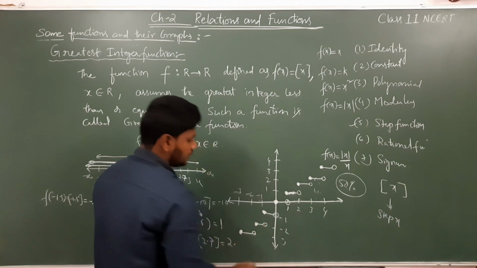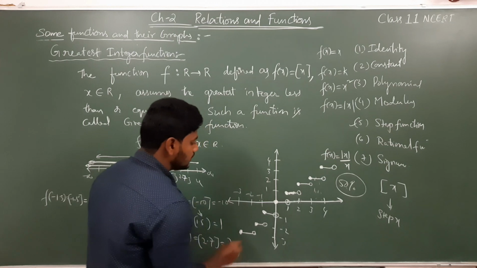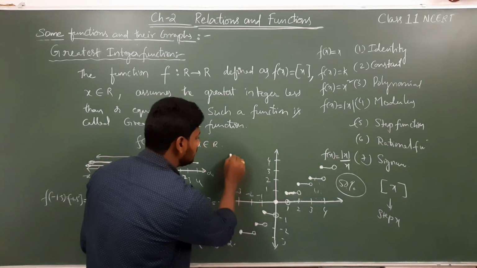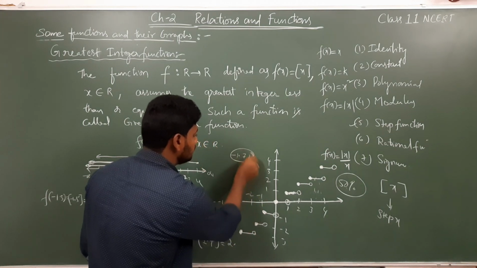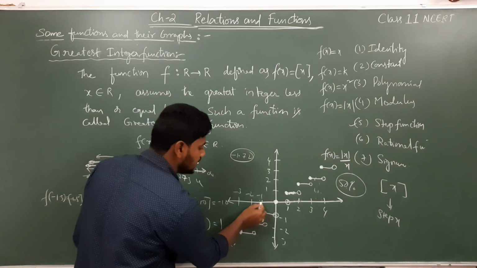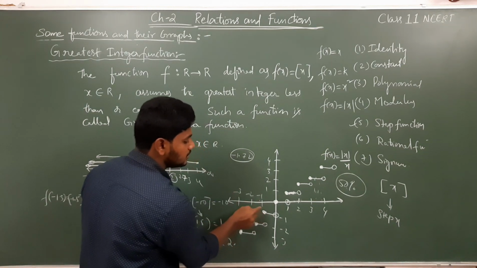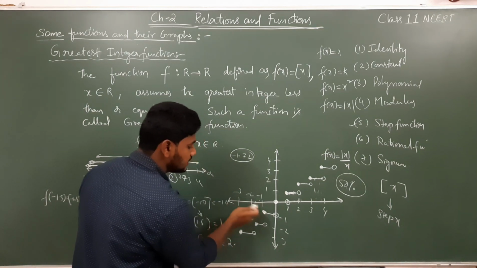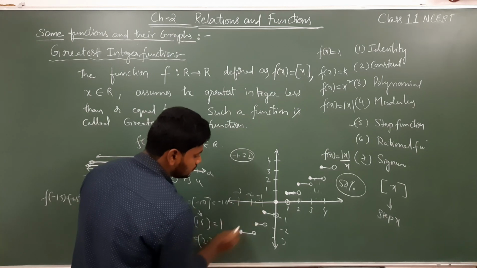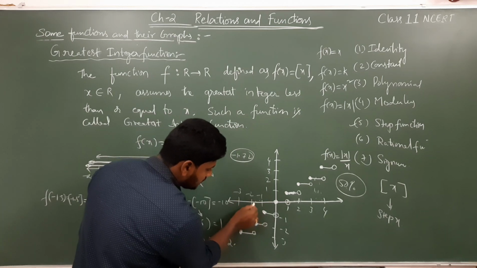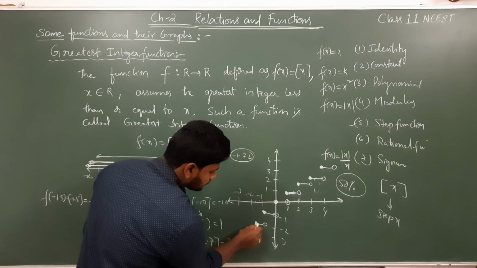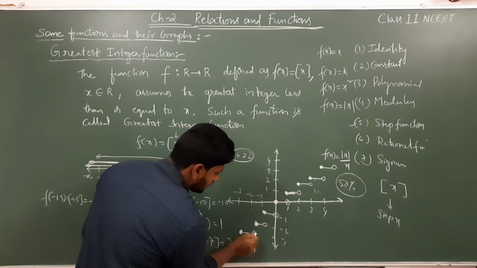Why? Because on the negative side, if I take minus 1.72, it lies between minus 1 and minus 2. The greatest integer less than or equal to it is minus 2. So for minus 1.75 it is minus 2 only. Like this we will draw.